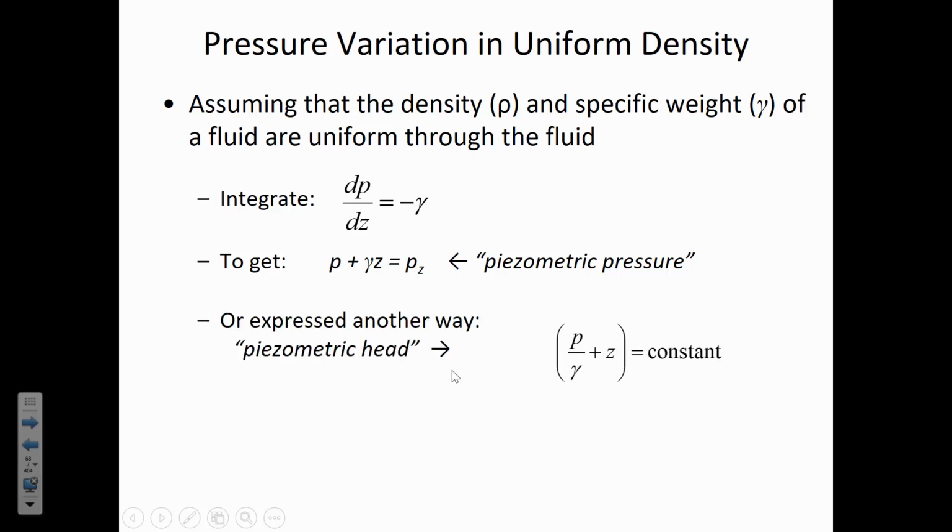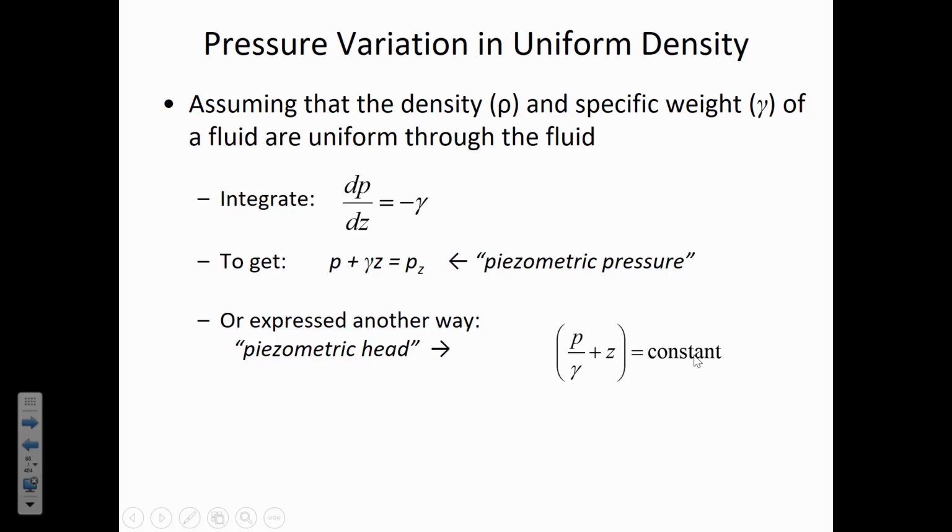Another way of thinking of this is if you multiply each of the terms by gamma, then that's piezometric head rather than piezometric pressure. The same thing is true, that in a tank of water between 2 points where the water isn't moving, you'll have a constant sum of the elevation and the pressure head.